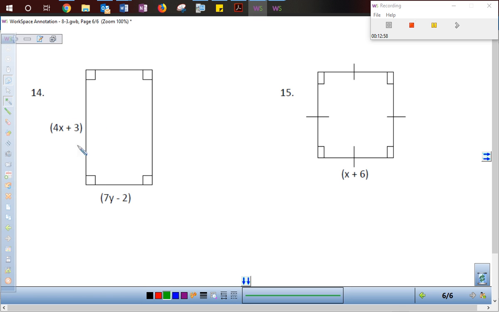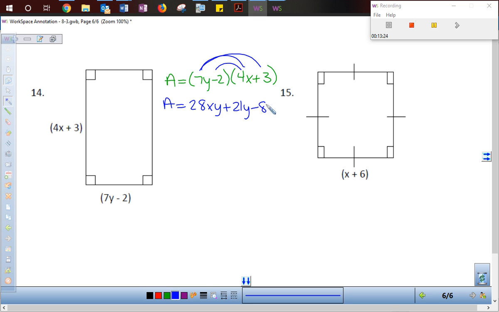Let's try it again on number 14. Again, I have a rectangle, so length times width. That means my area is going to be the quantity of 7y minus 2 times the quantity of 4x plus 3. So let's FOIL. First gives me 28xy. Outside gives me 21y.